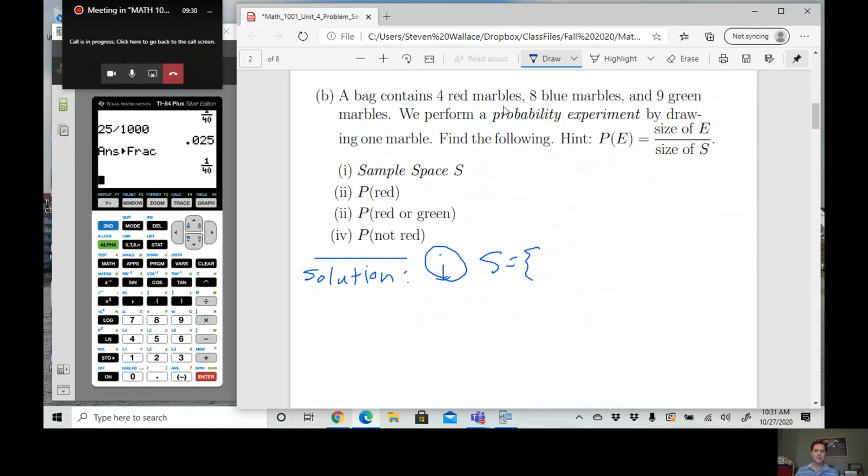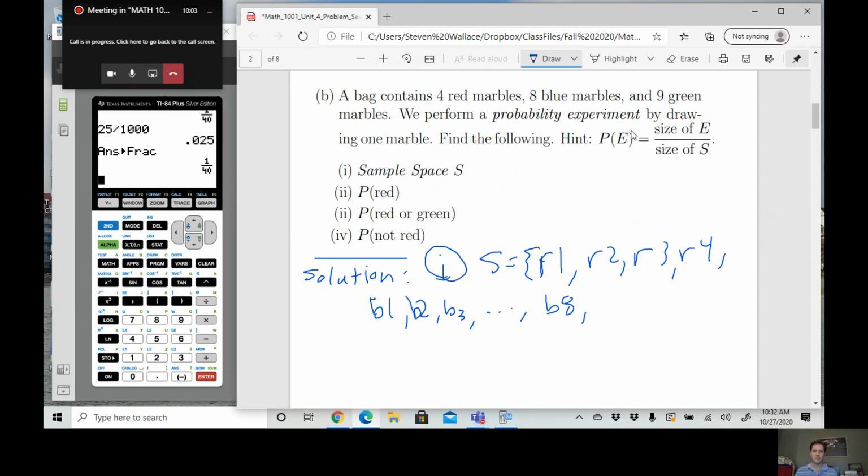Now, each of these marbles, even though you pull out a red one, it's indistinguishable from any other red one, okay? You have to treat each of them as separate possible answers. So I would just say, think of them as having numbers. So red 1, red 2, red 3, red 4. Then you'd have blue 1, blue 2, blue 3, on up to blue 8.